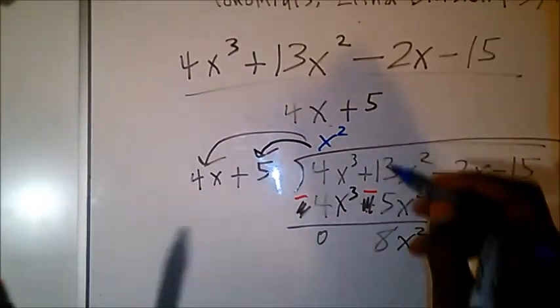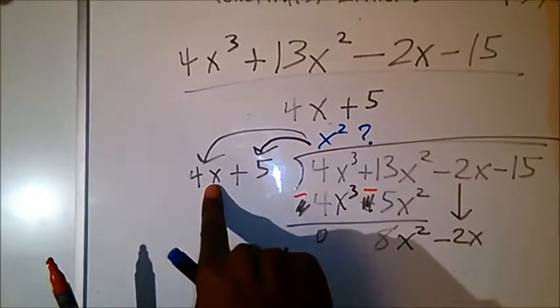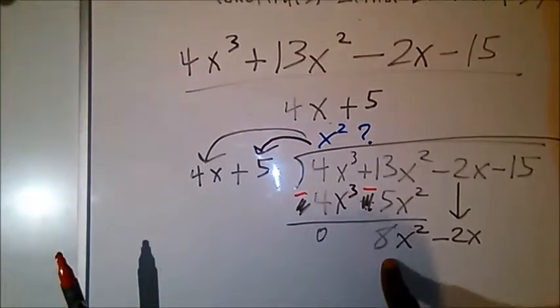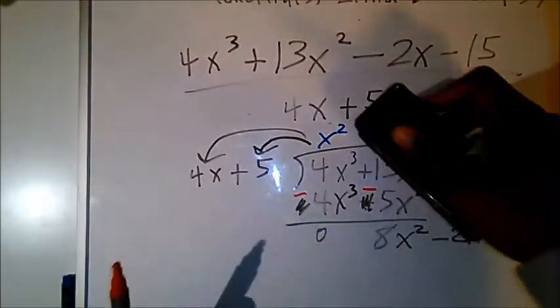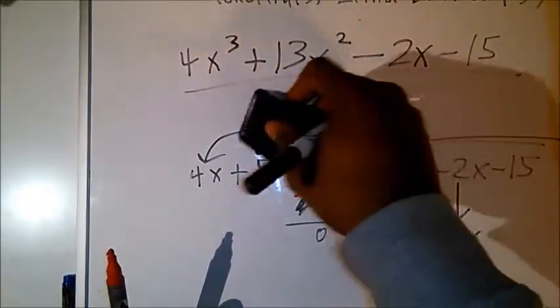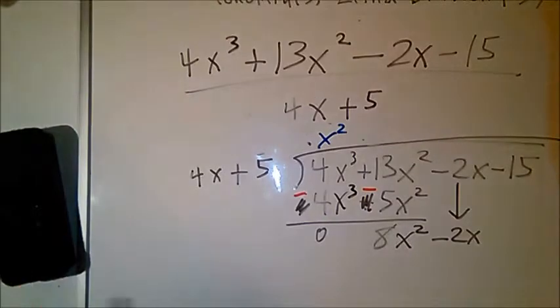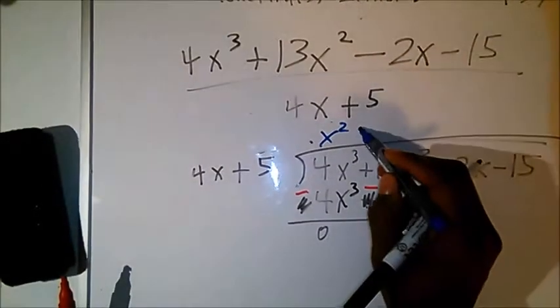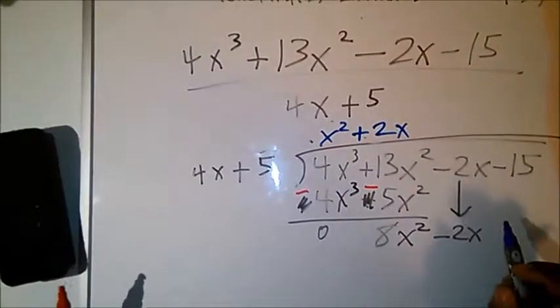And we ask ourselves the question, what times 4x is equal to 8x squared? And I say the answer is going to be positive 2x.